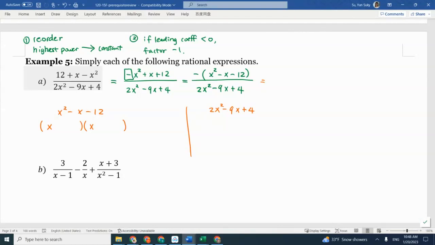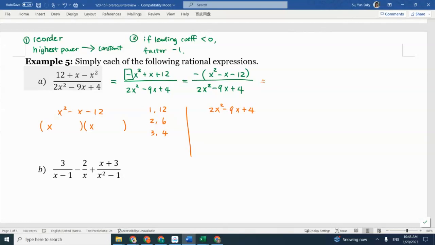Okay. All right. And then you look at the constant term. It's negative 12. What are the possible factors? Let's say 12 first. What are the possible factors of 12? It could be 1 and 12, 2 and 6, 3 and 4, right? 4 and 3 is similar to 3 and 4.